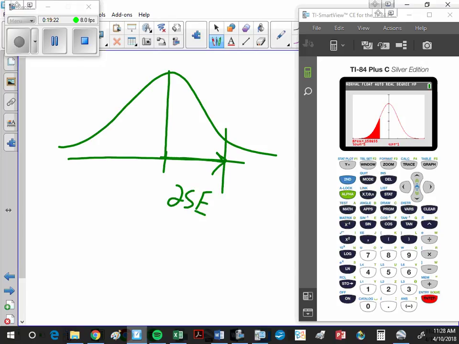And what is going to be the area of this? It's not 5, it's 2.5. Why is it 2.5? Yeah, because the left side also counts. And that 2 SE rule means that there's 95 in the middle, which means there's 2.5 on either side.